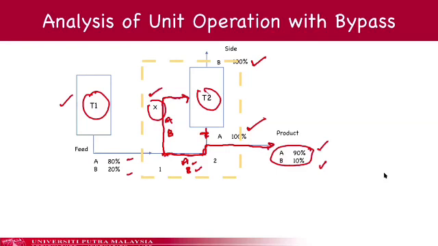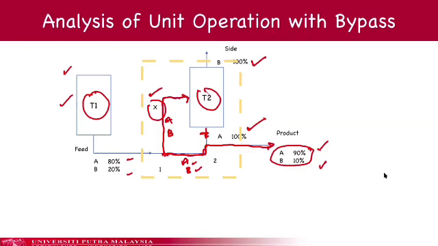To solve for X, we can start with our first concept of boundary analysis. As shown here, this yellow box is the first boundary that we can set up for this system. You don't need to cover tower 1 because nothing else happens there.